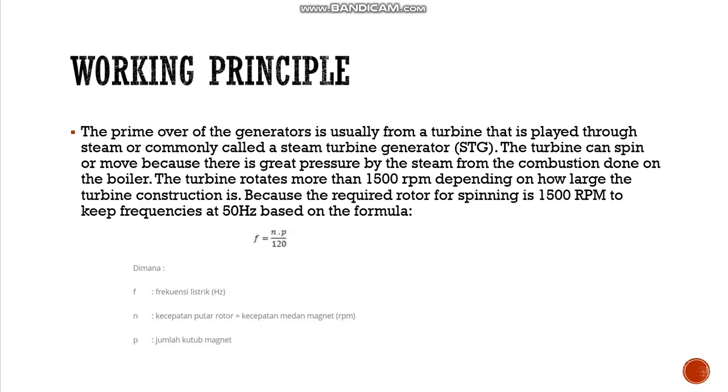The turbine rotates at more than 1500 rpm depending on how large the turbine construction is, because the required rotor speed is 1500 rpm to keep the frequency at 50 Hz, based on the formula like this, where f is the frequency, n the speed of the rotor, and P the number of magnets.